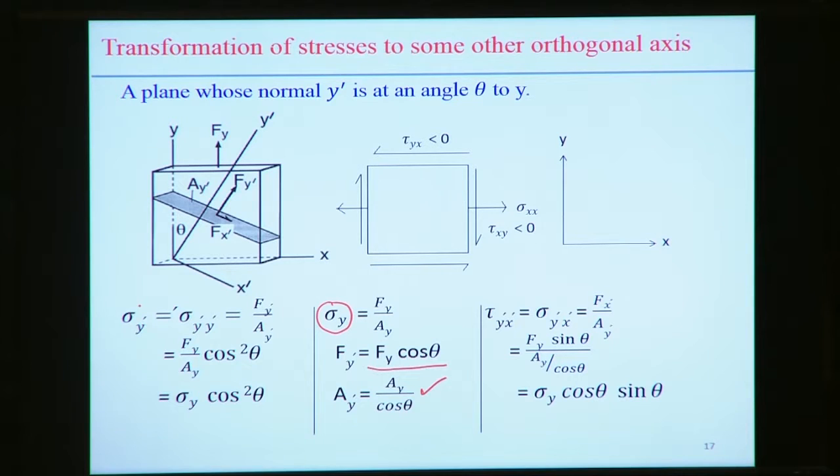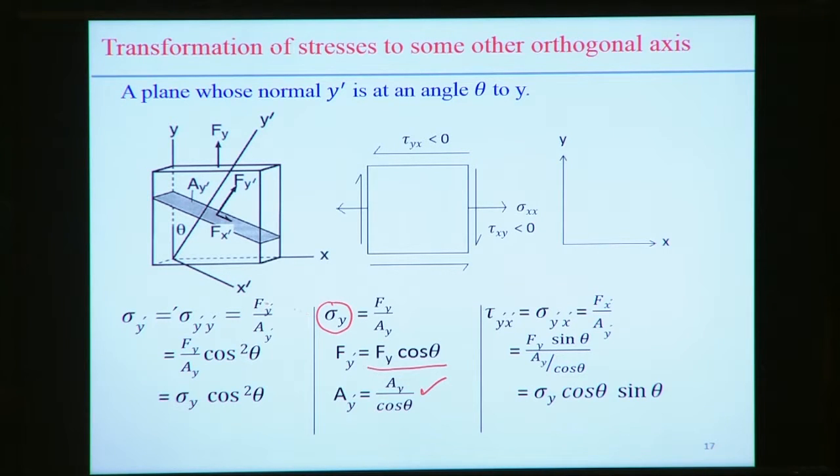Now the normal stress along the y dot direction, sigma y dot, is equal to Fy dot by Ay dot. That means along the y dot direction, what is the force, and with this, what is the normal area with respect to the y dot axis.